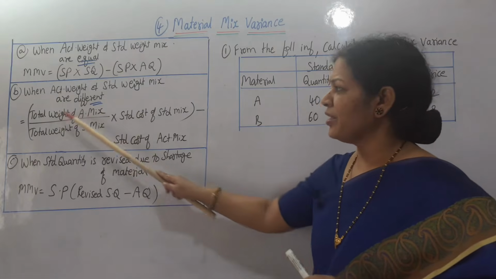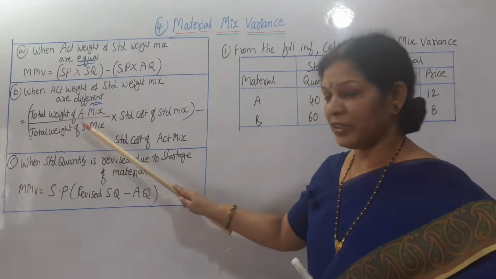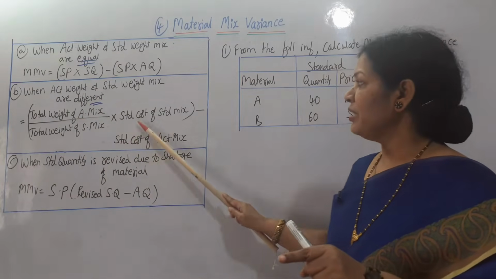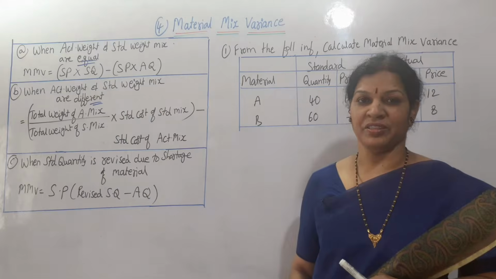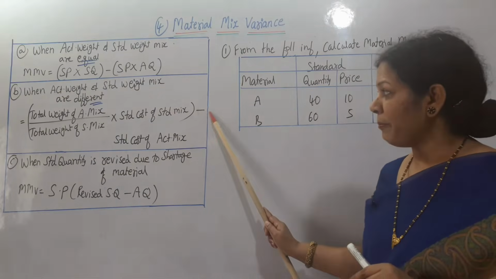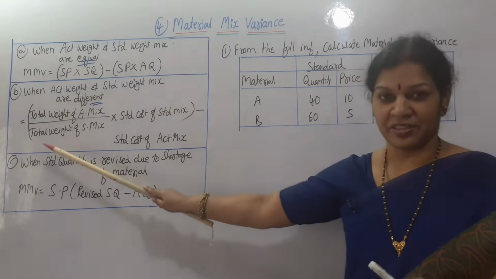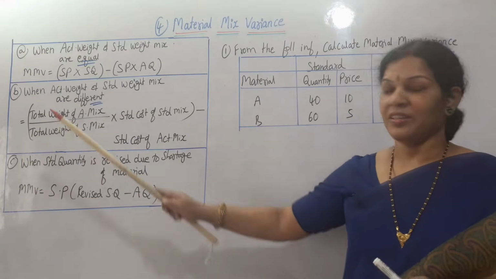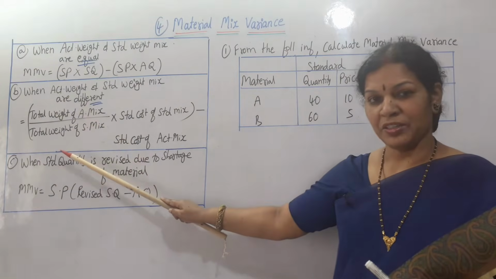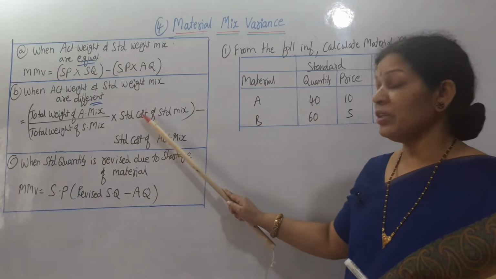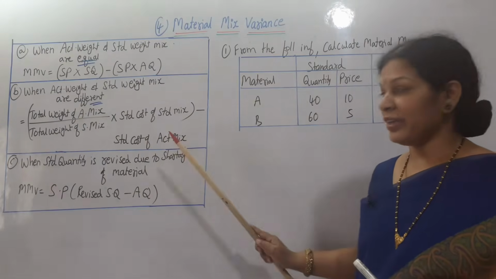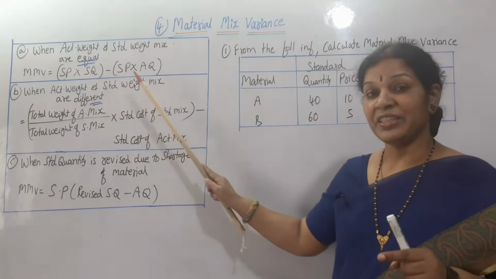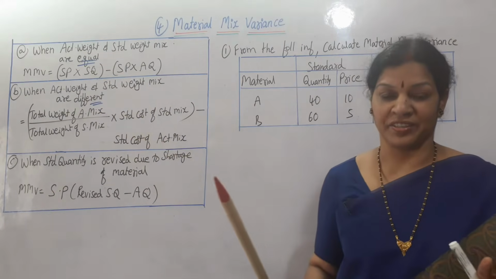The formula is: total weight of actual mix by total weight of standard mix into standard cost of standard mix, minus standard cost of actual mix, with everything in brackets. This is the formula when standard weight and actual weight are different.